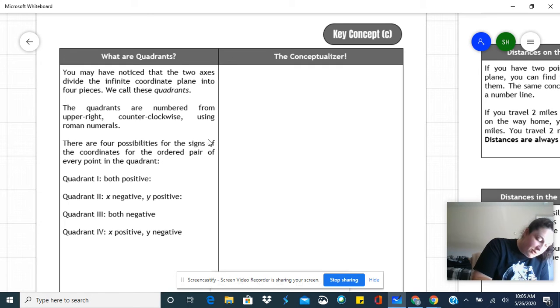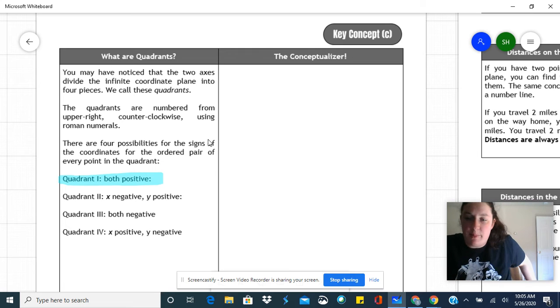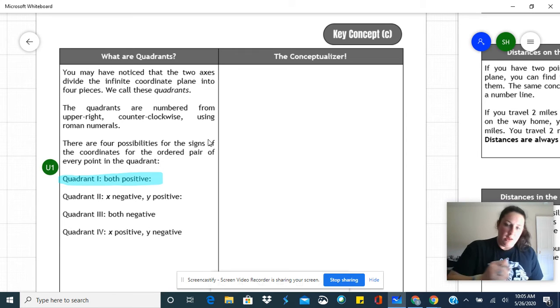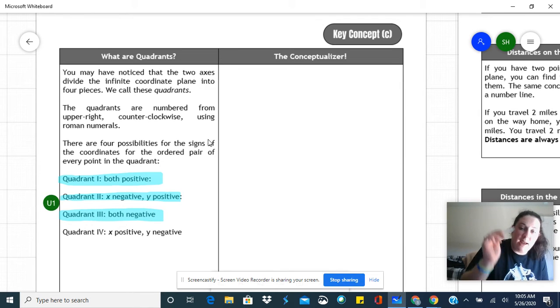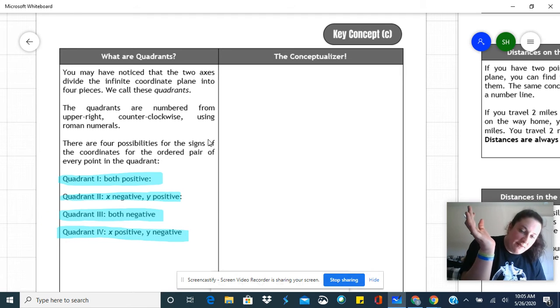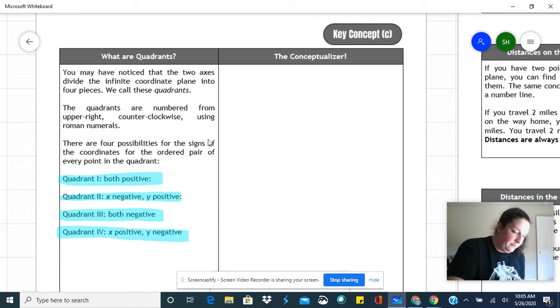I don't care what you do to remember this, but make sure you remember these things. In quadrant 2, x is negative because now we're at the top left, and y is positive. So think about it. We start at the top right, now we're at the top left, now we're at the bottom left. In quadrant 3, both are negative. And then quadrant 4, you have a positive x, but a negative y.